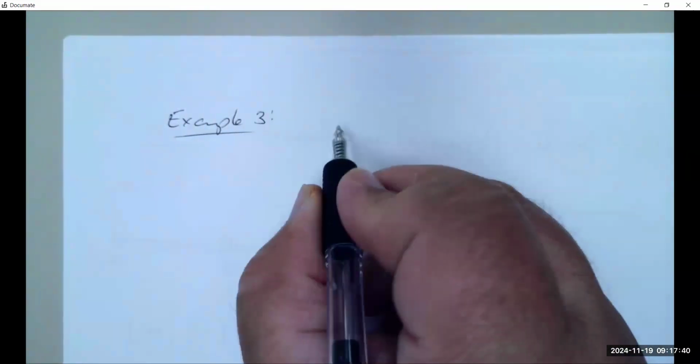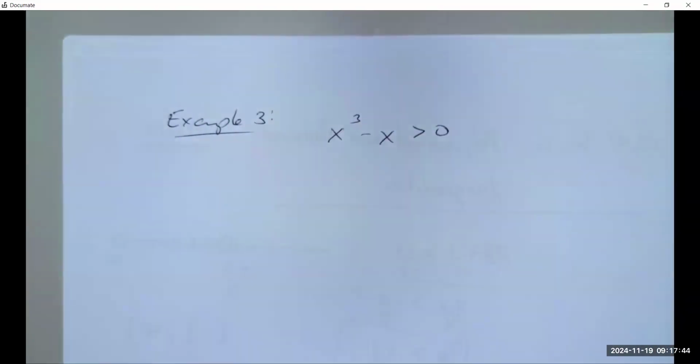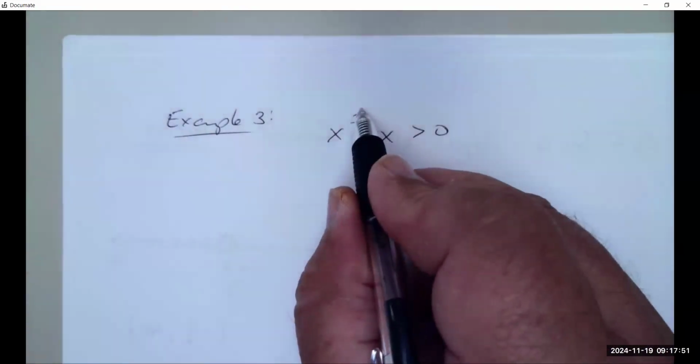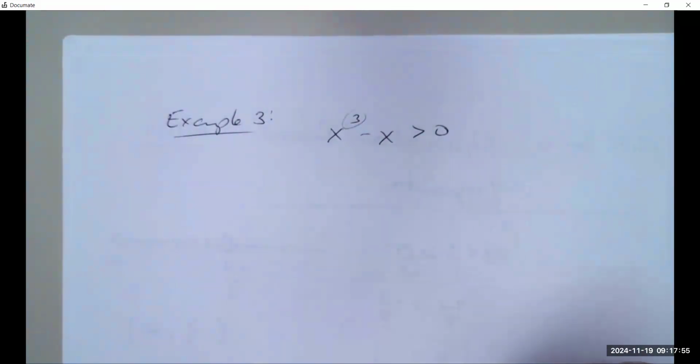Example 3. x cubed minus x greater than 0. So how many intervals are we going to have here? Well, let's see. We're going to have 3 solutions, 3 intercepts. How do we solve those? How will we find the x-intercepts?